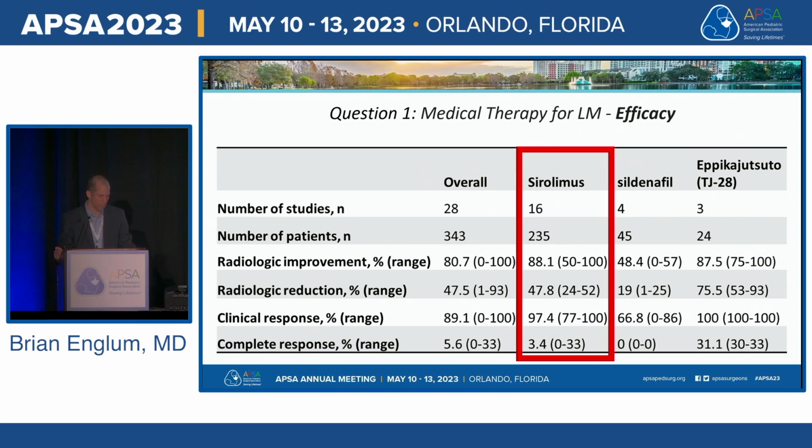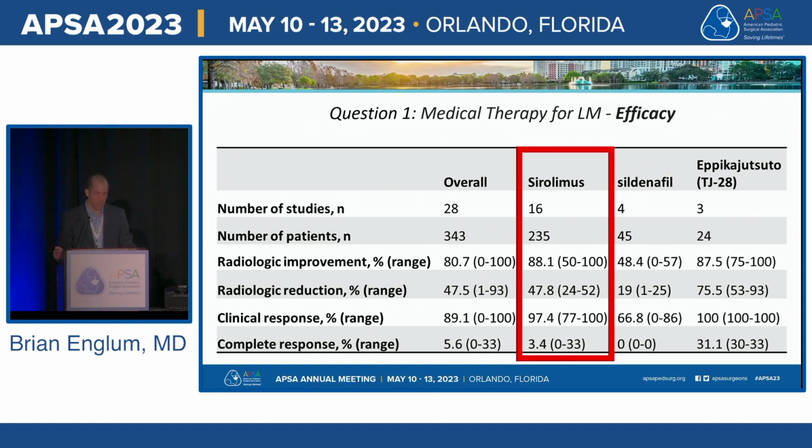So focusing on sirolimus, the percent of patients having some radiologic improvement was nearly 90%, similar to the TJ28 data, but the radiologic reduction was relatively modest, about 50% decrease in the lesion size.